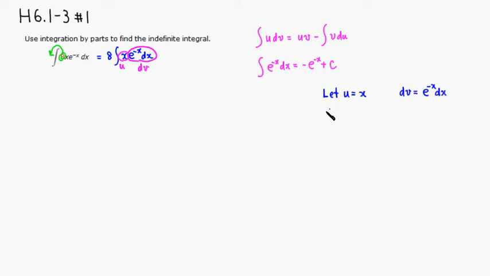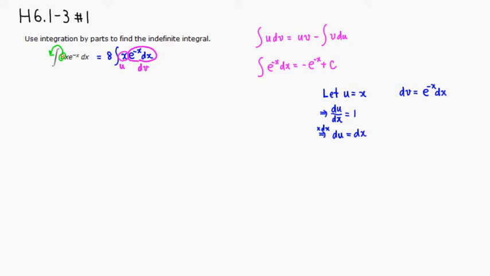For this one we take the derivative. The derivative of x is 1, so du over dx is 1. Multiplying through by dx, du is the same thing as dx.